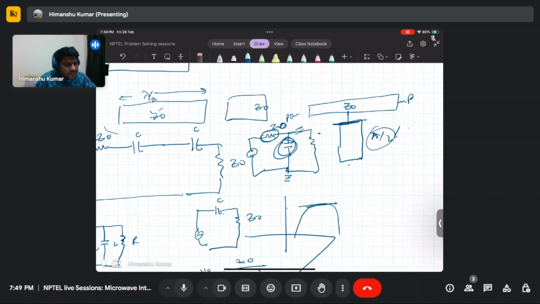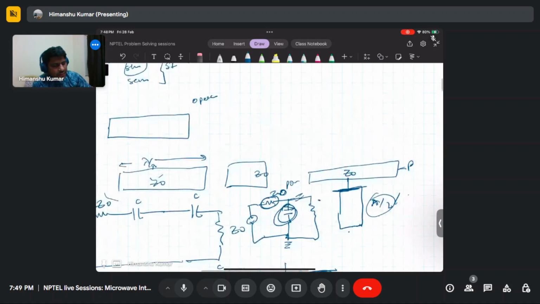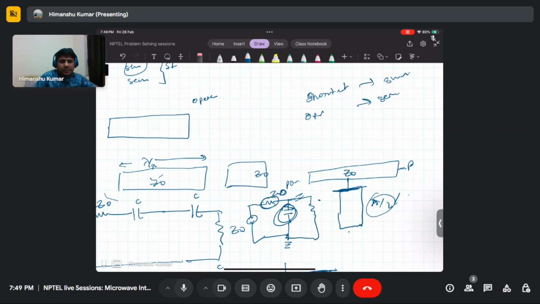But the floating open circuited stuff is difficult. So a short circuit is better in shunt, and open circuit is better in series actually. If you use it the other way, then you can tune the length.